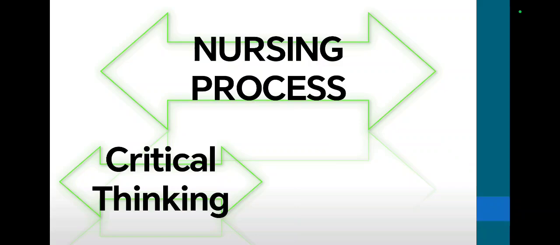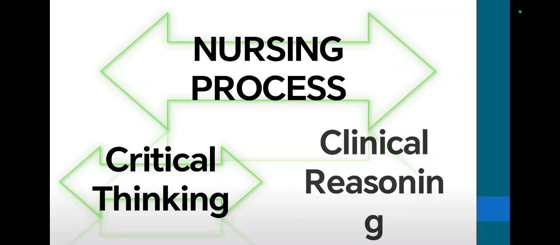Again, it is a systematic, rational method of planning and providing individualized nursing care. Now, there are two components that are needed for nursing process: critical thinking and clinical reasoning. Now, let's define these two requirements in order for us to implement nursing process.